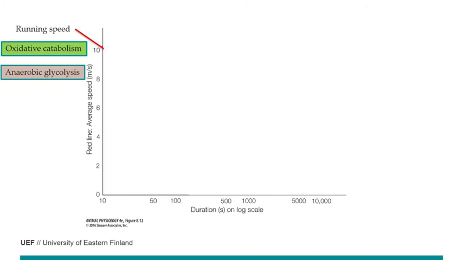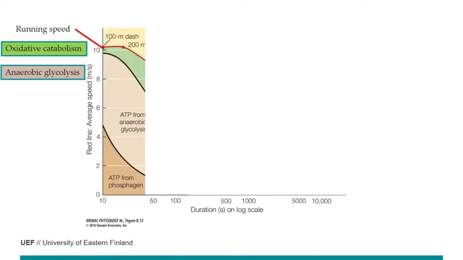Okay, so what happens if we are running a short period or a long period? We can use oxidative catabolism or anaerobic glycolysis, or we can have these phosphate stores. In a very short run, like a 100-meter run, we can rely on the ATP from the phosphagen.